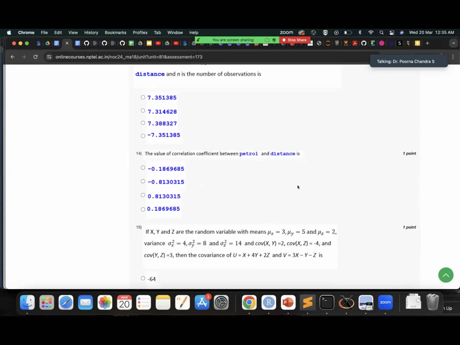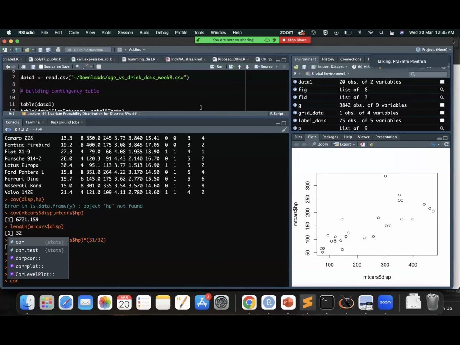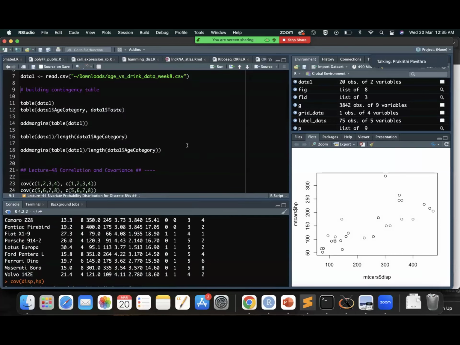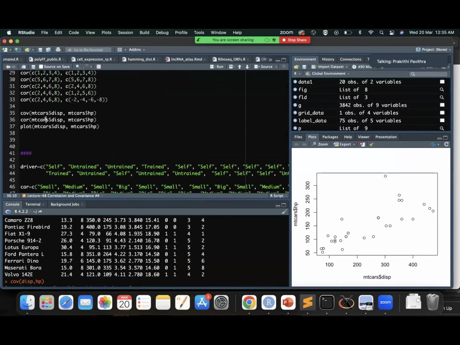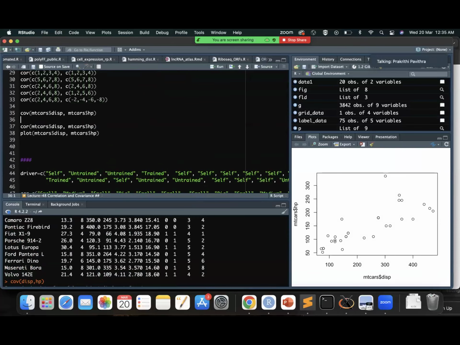So what is the command for that? You just have to do COR. Wait, I showed you somewhere. Yeah, it has to be like this: COR.